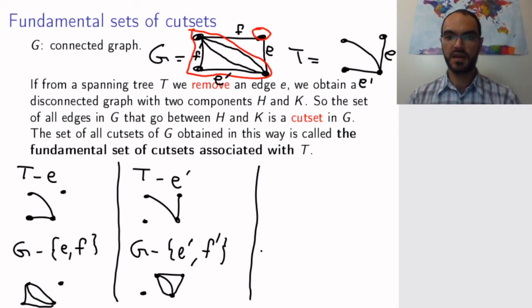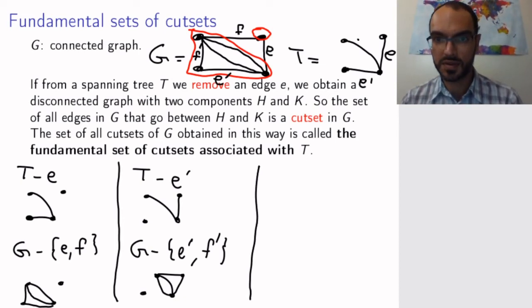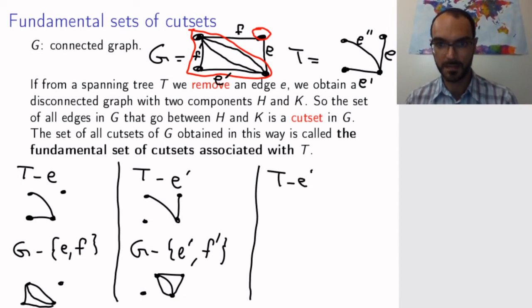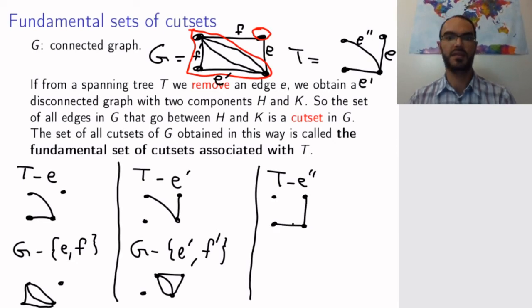And finally, I can remove this edge, which I will call E bis, or double prime, as some people say. What do I get? Then I get something that looks like this.